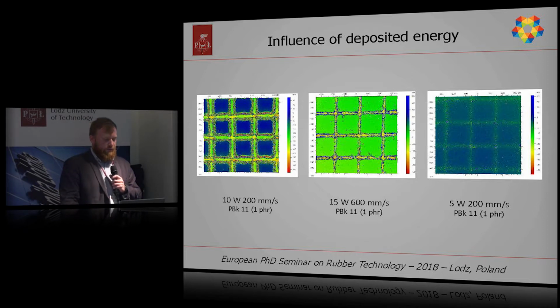Left side the biggest, right side the lowest, and one sample in the middle. When we have a big energy, this virgin square is smaller, and the width and depth of patterning is bigger.